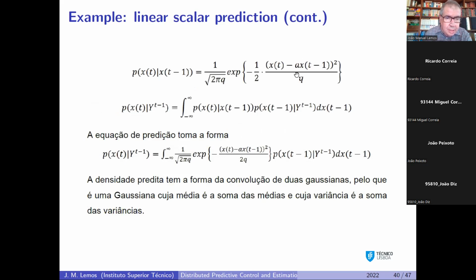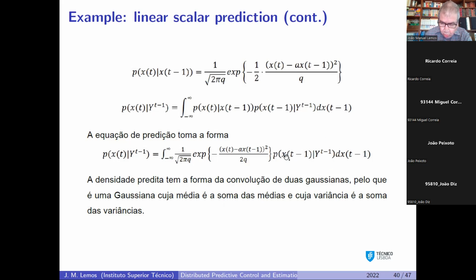So I replaced it here, and I've also rewritten the expression for the convolution integral that allows you to do the prediction. Now, p of x given x of t minus 1 is this Gaussian expression here. So we are doing the convolution of this Gaussian function with this, which is also assumed to be Gaussian.